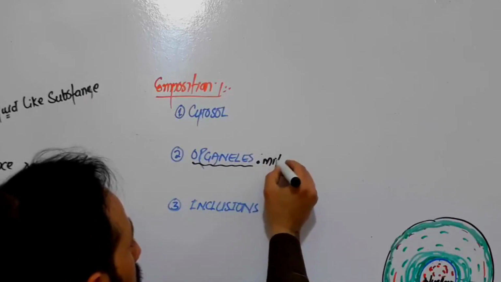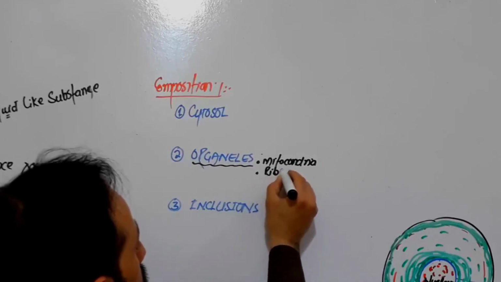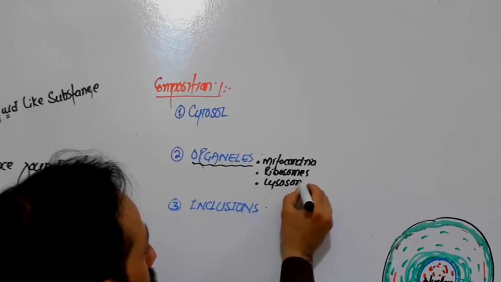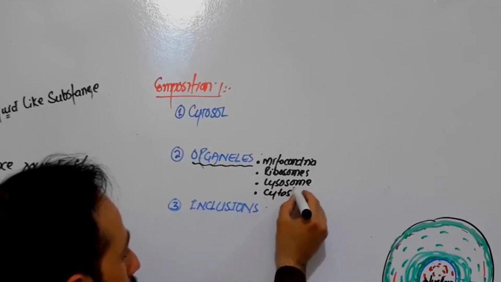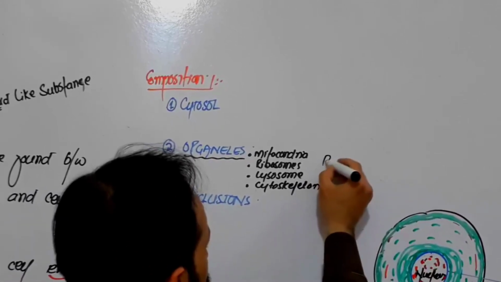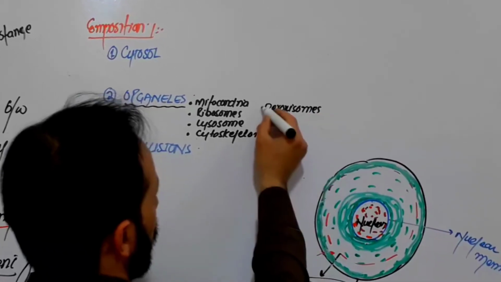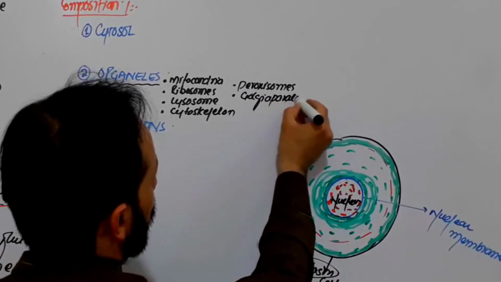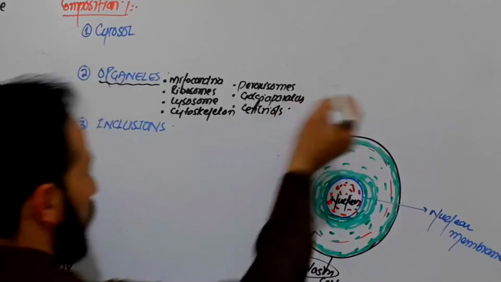Those may be mitochondria, ribosomes, lysosomes, cytoskeleton, and other things like peroxisomes, Golgi apparatus, and centrioles, and others also.